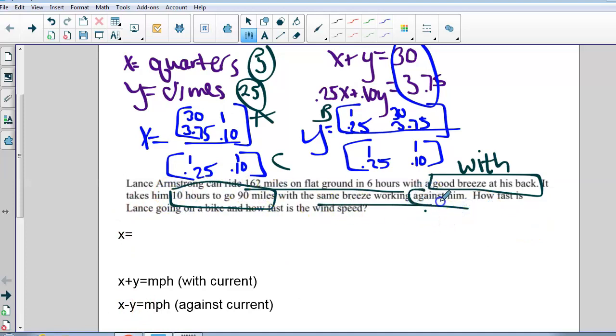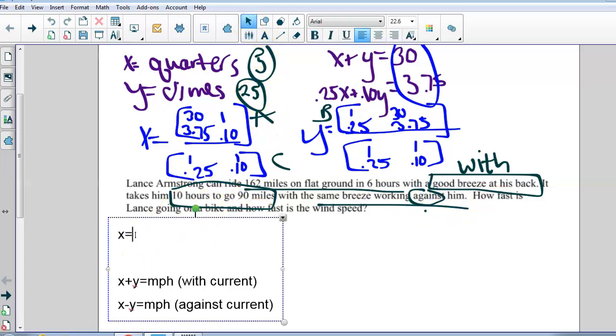So this is against. How fast is Lance going on the bike? So x is always going to be the speed of the bike or the boat or whatever the object is that's moving. And then y is always going to be your current speed, so this is our breeze speed or our wind speed.